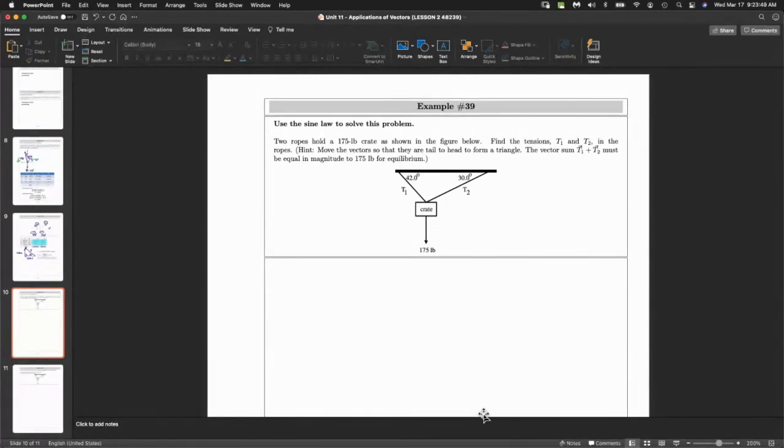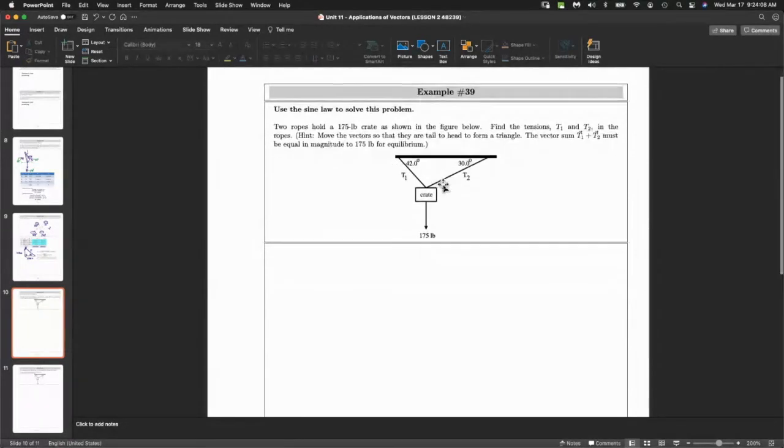And I want you to just compare this solution to what we'll do after, where we use algebra. I'm not saying one's better than the other. I'm just saying that some of you may prefer to not use the sine or cosine law and just stick to components. So because this question's in equilibrium, we can draw what's called a force triangle.